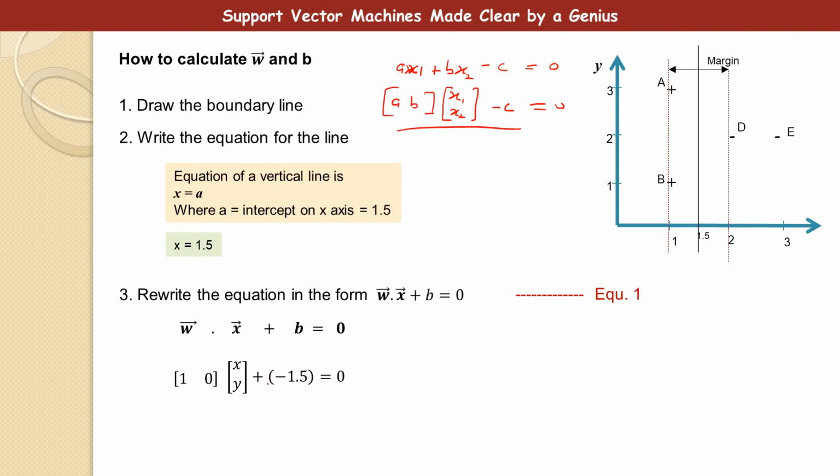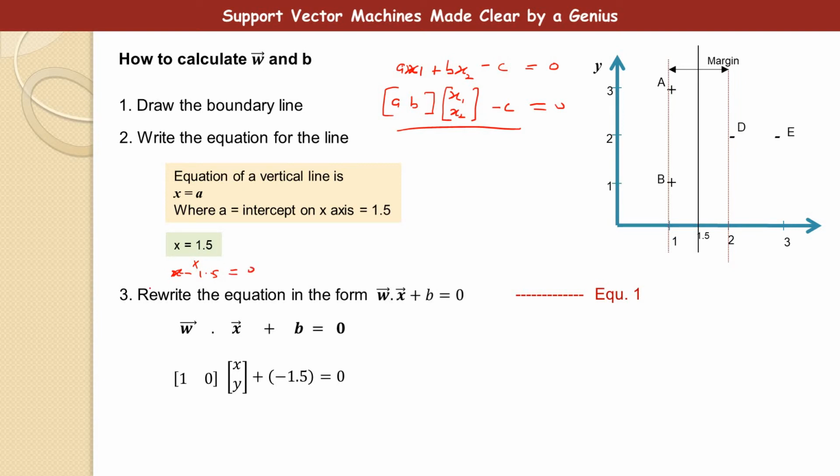So that is exactly what we've written here. So in this case, we are writing this equation in this form. So we have the same as x minus 1.5 equal to 0, right? Good.